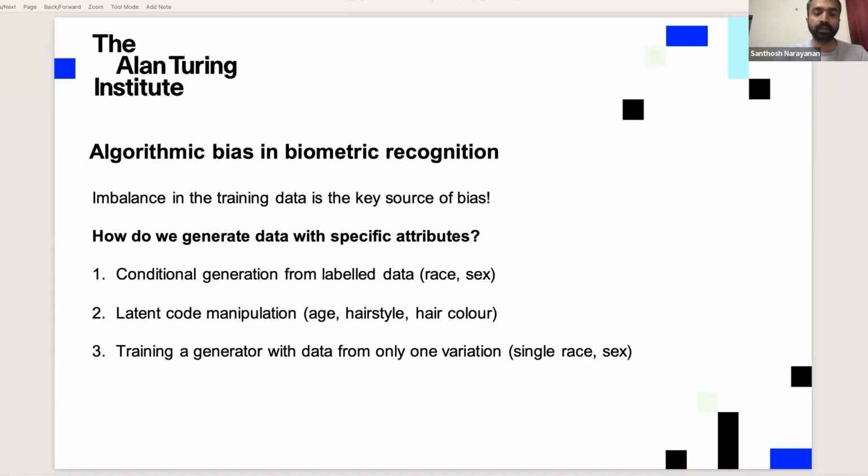We have a number of methods coming up, you might have seen your typical text to image generation models out there. But one of the key limitations here is that it's not really scalable when the number of features you might want to balance your data set against is a very high number. Among these three approaches, the one that we really like, which is also scalable, is latent code manipulation.